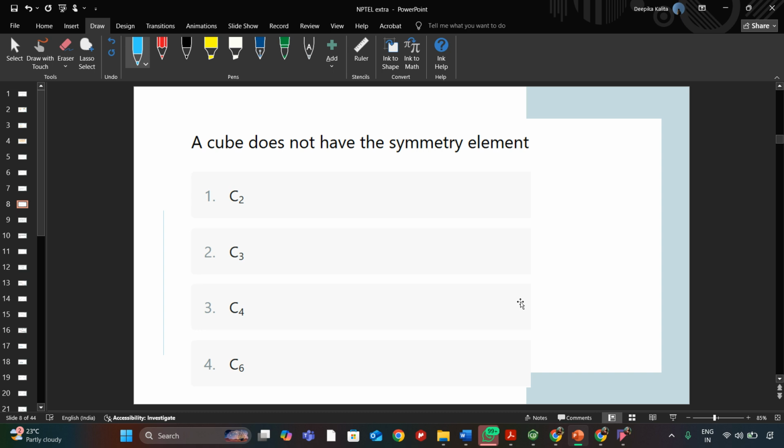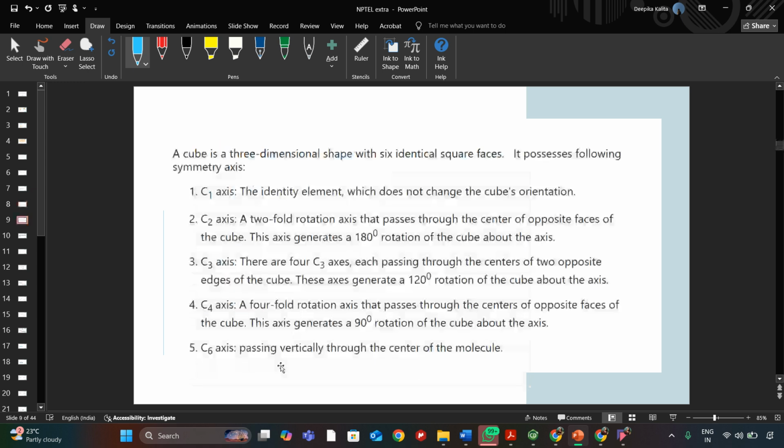Again, the next question is from the same topic, symmetry. A cube does not have the symmetry element C2, C3, C4 and C6. So, a cube is a three-dimensional shape with six identical square faces, which contain one C1 axis, which is the identity operation.